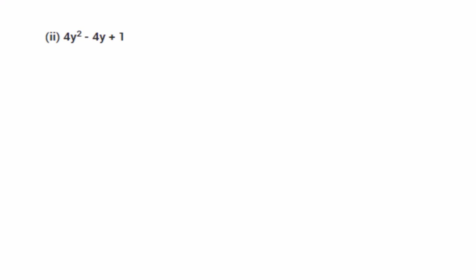Look at the next question, 4y square minus 4y plus 1. So here also we can see something. The first and the third term are square numbers. That is, we can write 4y square as (2y) the whole square. Then the last term is 1 square. Now what about the middle term 4y? 4y we can write as 2 into 2y into 1.